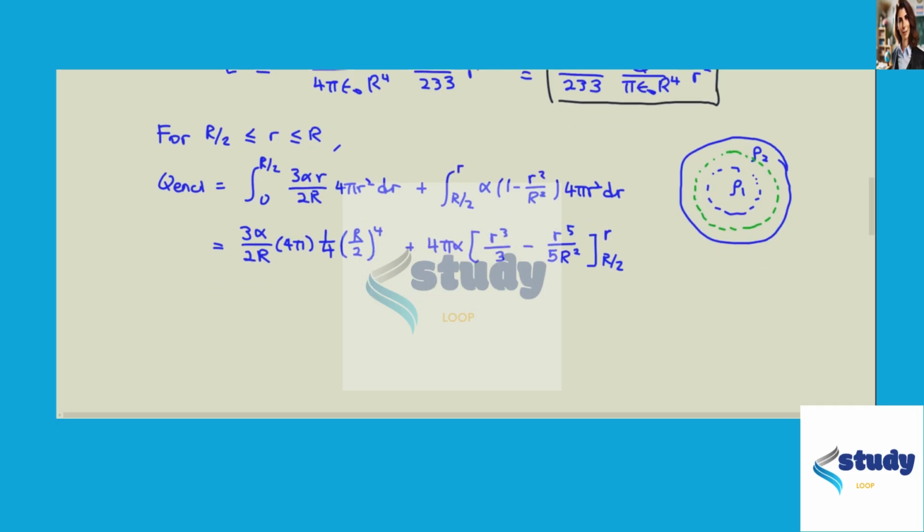Okay, so the first term you get 3 over 32 alpha pi R cubed, plus 4 pi alpha times 1/3 r cubed minus 1 over 5R squared r to the 5, minus 1/3 R over 2 cubed plus 1 over 5R squared R over 2 to the 5.